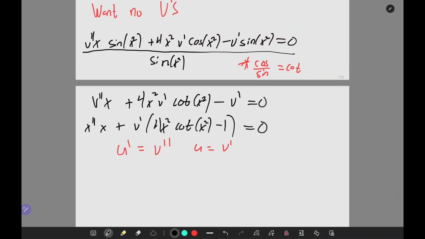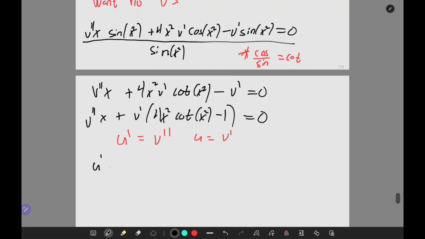Sorry, this is supposed to be a v. I'm just confusing myself here. Okay, so we have u prime times x plus v prime, which is u, times 4x squared cotangent of x squared minus 1 is equal to 0.